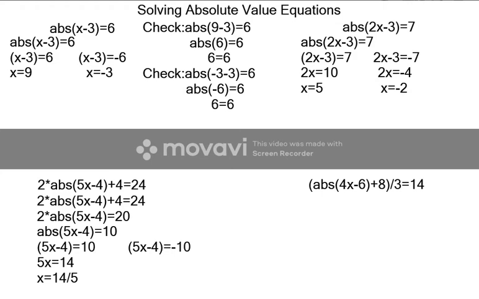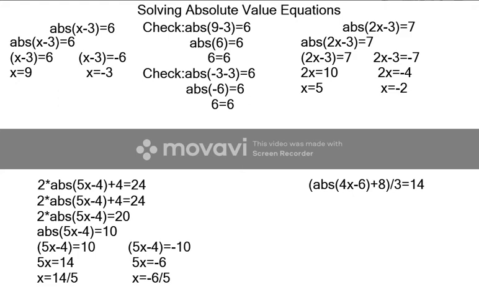And then the second equation results in 5x equals negative 6, and then x equals negative 6 over 5. And so these are our two final answers. If you want, you can check to see if I did it right and if you did it right. And yeah, let's move on to the next and last question.